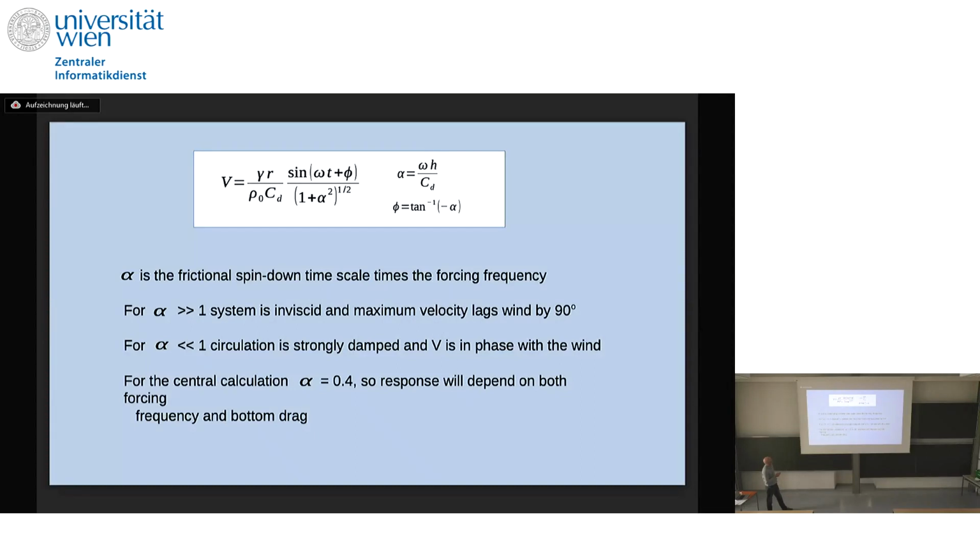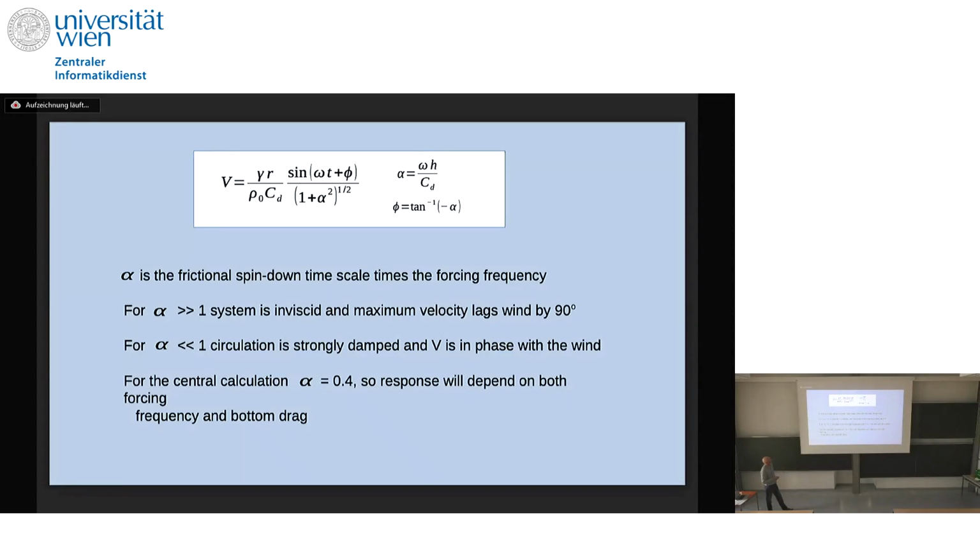Got the periodic term, got a bottom drag, and the only non-dimensional number here is this alpha. That's the forcing frequency, omega, times the spin-down time scale from the bottom Ekman layer. That's h over c sub d. So if this is large, it means the system's nearly inviscid. Bottom drag is weak, or the forcing frequency is very high.